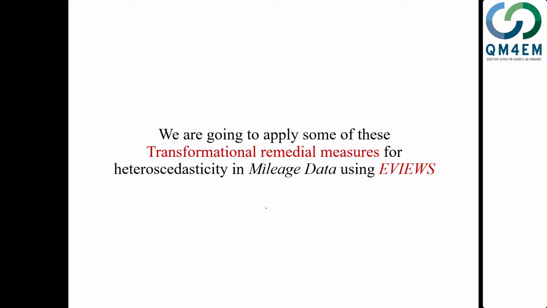So now it's a good time to use some real world data, see the problem of heteroscedasticity, and then fix this problem. So now what I'm going to do is apply some of these transformational remedial measures for heteroscedasticity on the mileage data, which we discussed earlier, using EViews, the software which we are using extensively in this video series. So let me start.